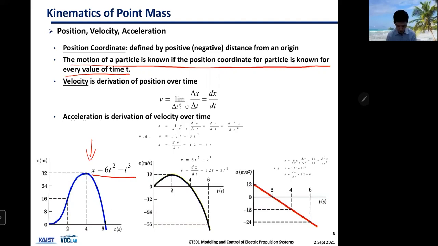One way is taking the derivative of the position, and we get dx/dt equals velocity. If we plot that as a function of time, this is what we get.